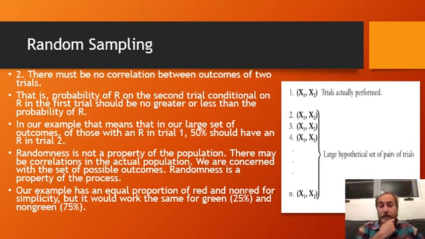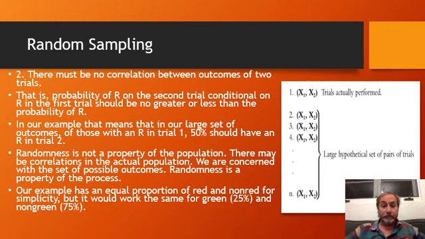The second condition for something to qualify as random sampling is that there must be no correlation between the outcomes of the two trials. So if I pull an R in the first trial, that should have no effect on the probability of pulling an R on the second trial. It should be no greater or less than the probability. What does that mean, cashed out in terms of our large imaginary set of trials?